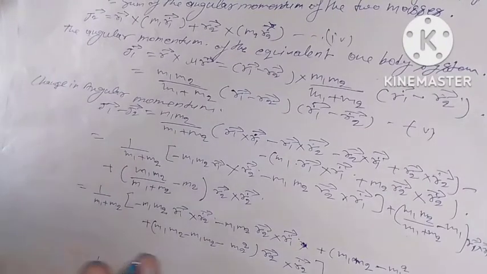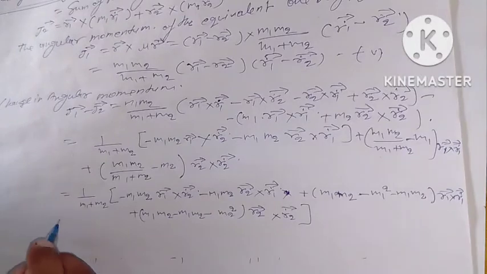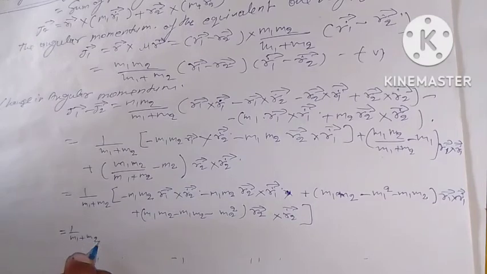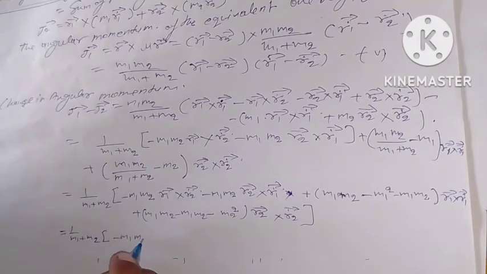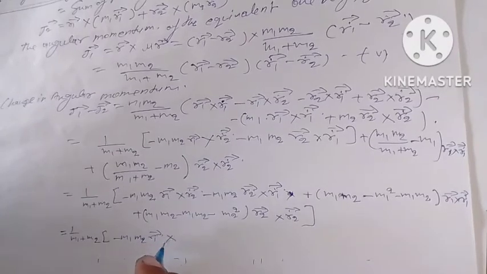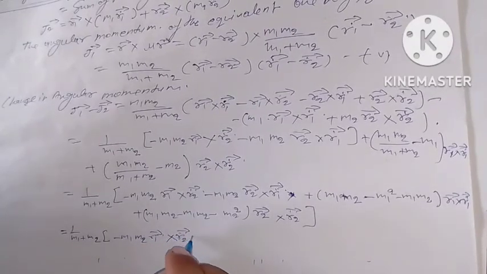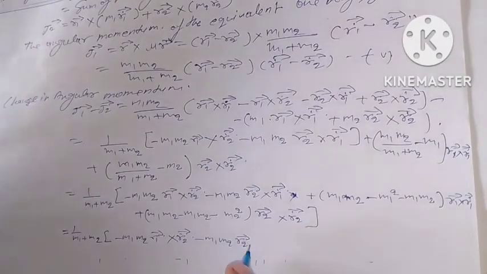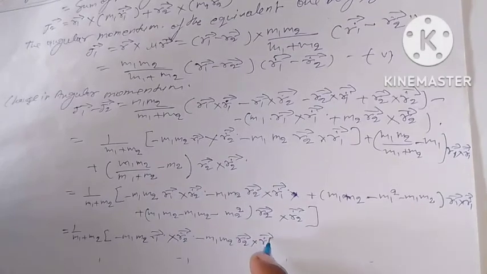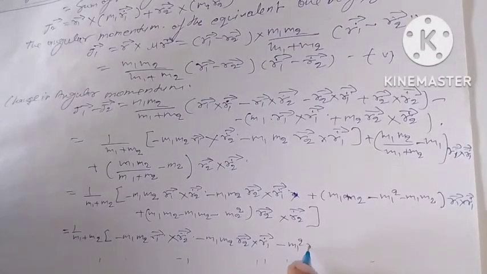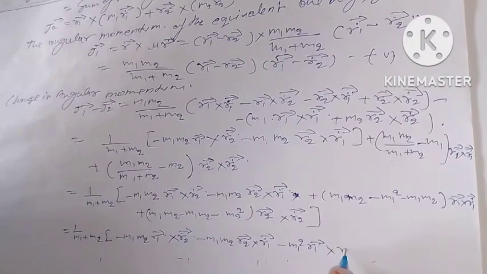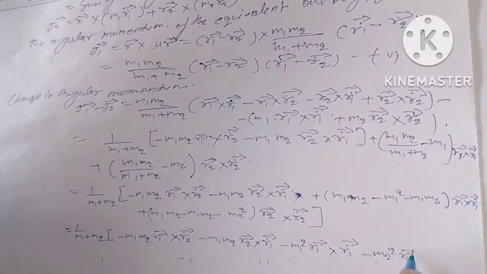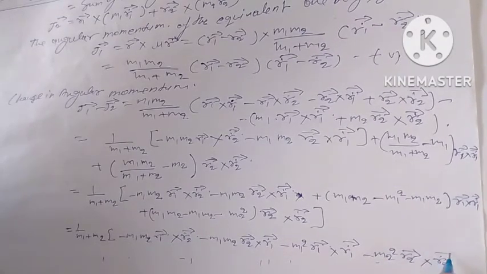So if we simplify this, the value is 1 upon M1 plus M2 in bracket minus M1 M2 R1 vector cross derivative of R2 vector minus M1 M2 R2 vector cross derivative of R1 vector minus M1 square R1 vector cross derivative of R1 minus M2 square R2 vector cross derivative of R2 vector.